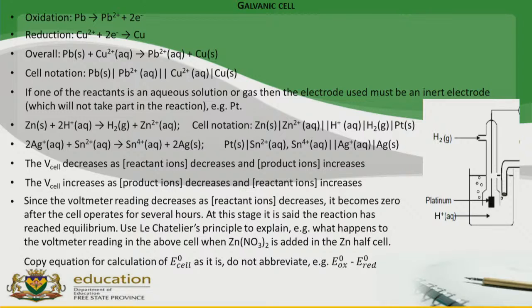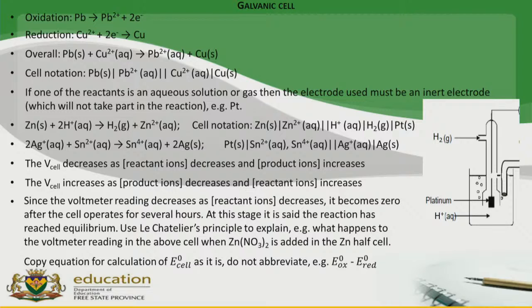Therefore, the zinc ions that are formed will increase the concentration of the zinc ions that are already in the solution. It means the concentration of your product ion will be higher, and the concentration of your reactant ions will be low. What does that mean? It means the reading on your voltmeter will decrease.